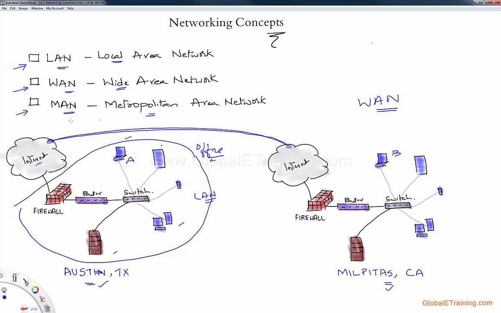Now, metropolitan area network, which is MAN, people are not using it nowadays, but what it really means is, say you have office 1 and you have a second location, office 2, within the same city.